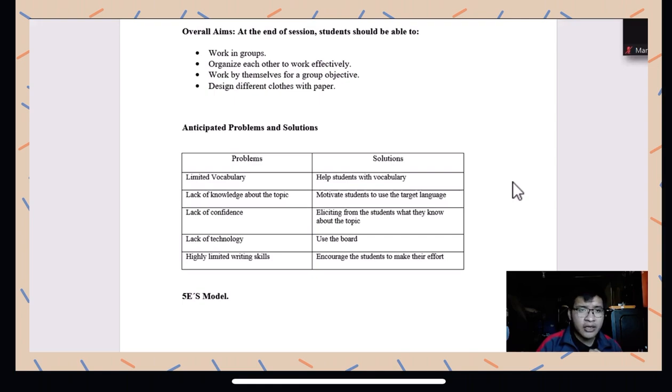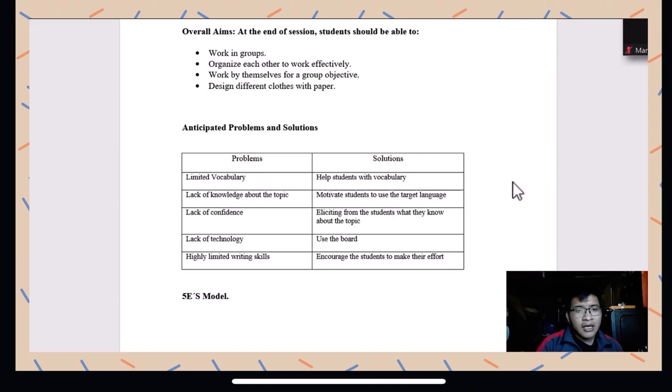We know that we are applying this demo class in the university, and obviously there we have technological resources, but we can have some problems with the electric supply. In case we have problems with electricity, we are going to use the board, markers, pieces of paper, or pens or pencils to develop all the activities for our demo class.